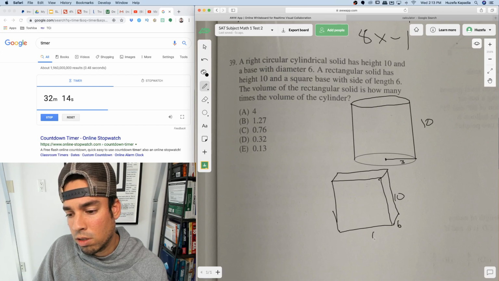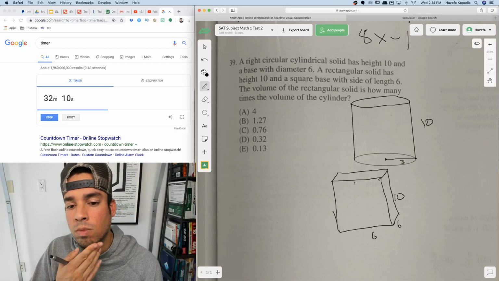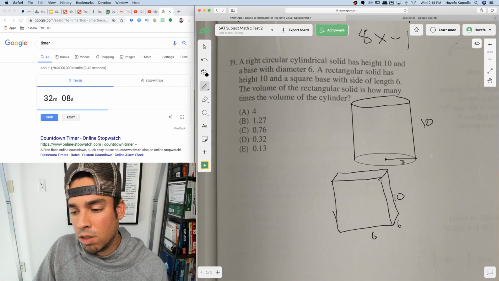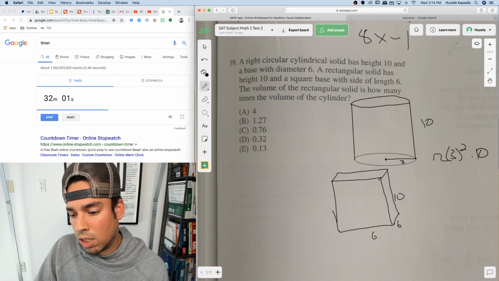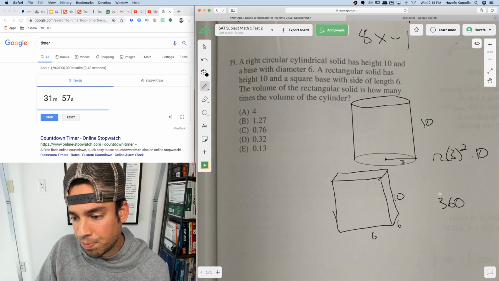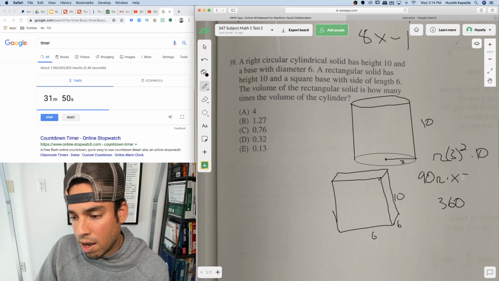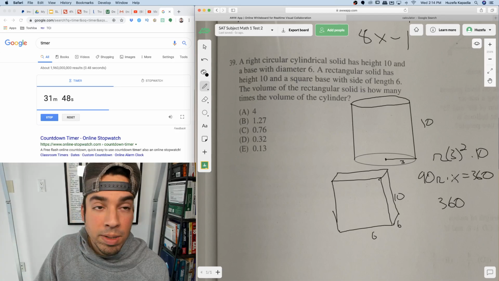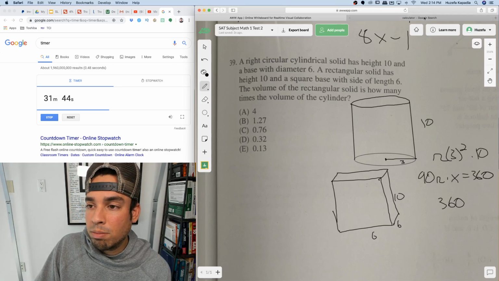So this is 6, this is 6. The volume of the rectangular solid is how many times the volume of the cylinder? All right, so the volume of the cylinder is pi r squared, which is 3 squared times height. The volume of this guy is 6 times 6 times 10, length times width times height, 360. So 90 pi. So 90 pi times x equals 360. Trying to figure out how many times greater this is than this. So then we divide 360 by 90 pi.